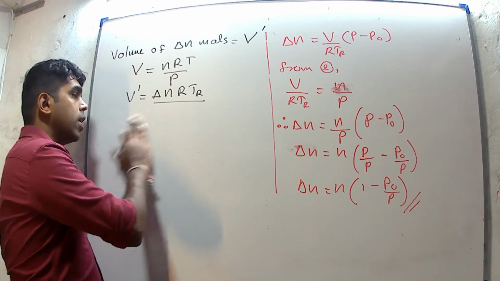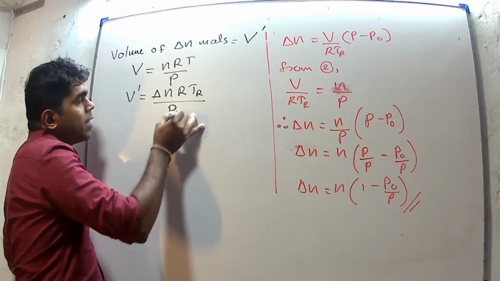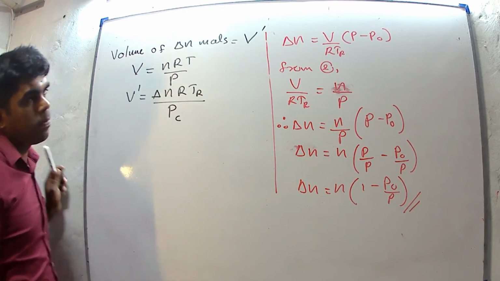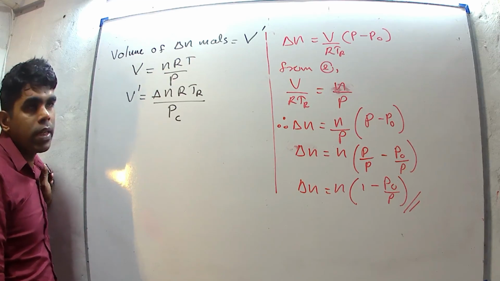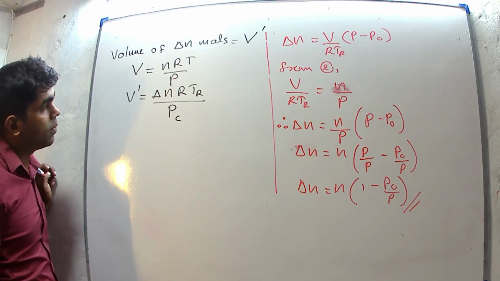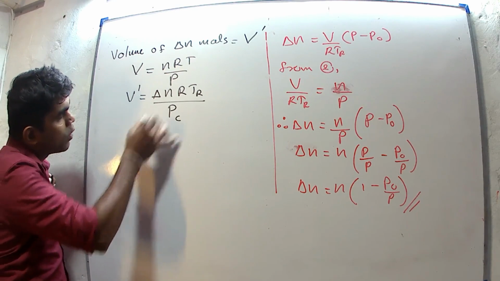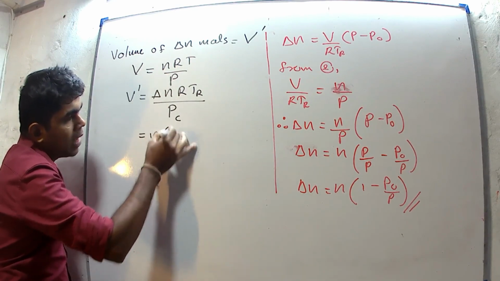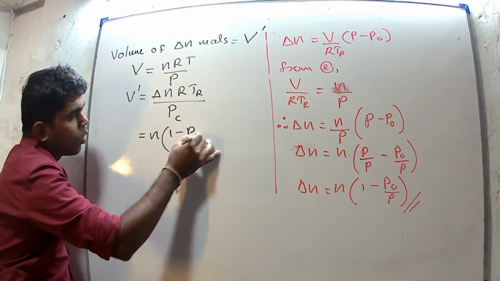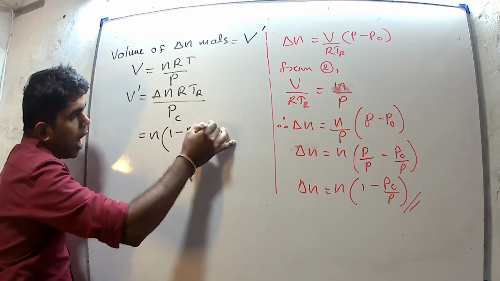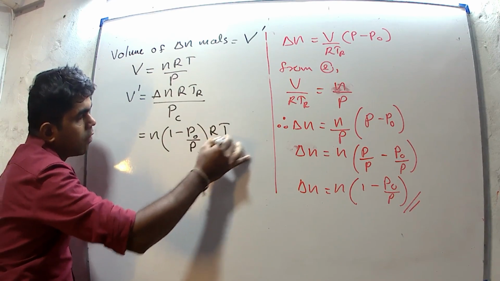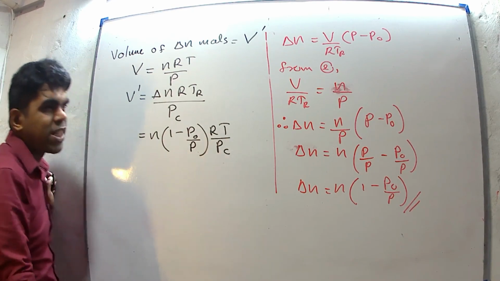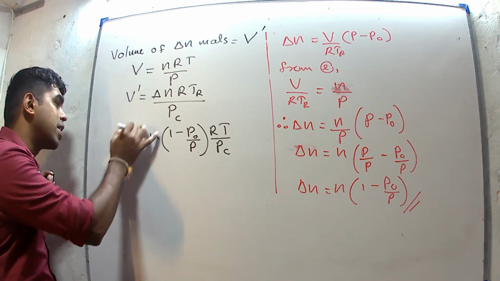I will consider pressure of container as PC. PC means pressure of nitrogen gas container. We can substitute delta N value by using this equation. N times 1 minus P naught over P RT divided by PC.